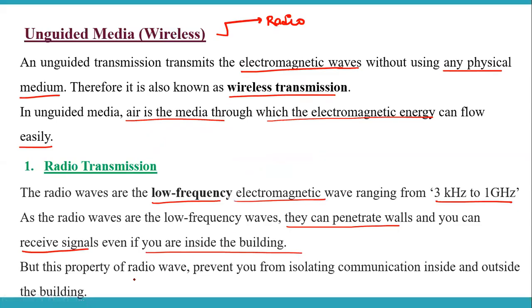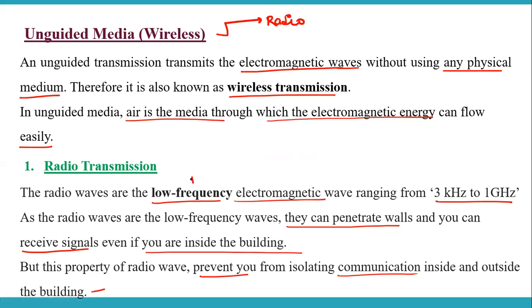So what will happen is that if they are communicating with radio waves and this is also communicating with radio waves, so now this radio wave can easily penetrate the wall of this building and this radio wave can easily penetrate the wall of the building. So this is what they're saying, it is very difficult to prevent or isolate the communication inside and outside the building. So this is what is radio transmission.